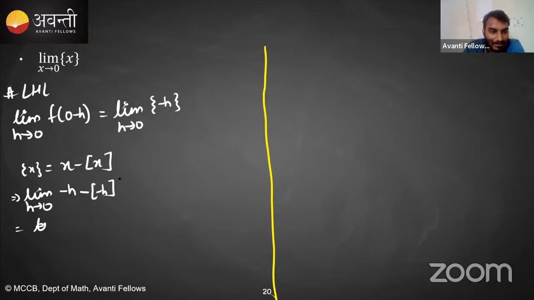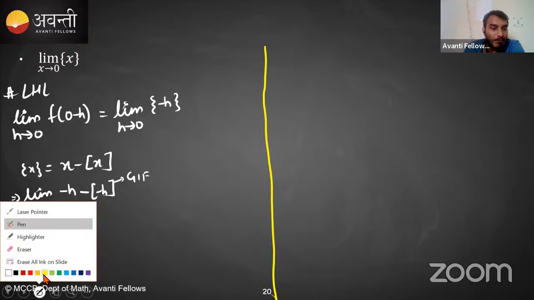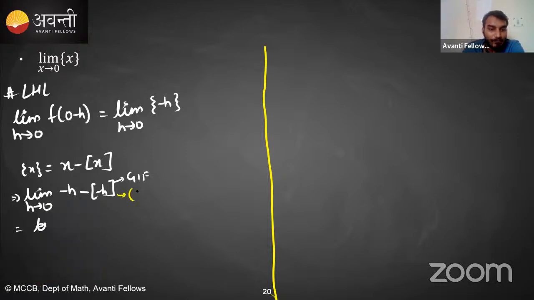And what is this? This is the greatest integer function of a very small negative value. What is that value?